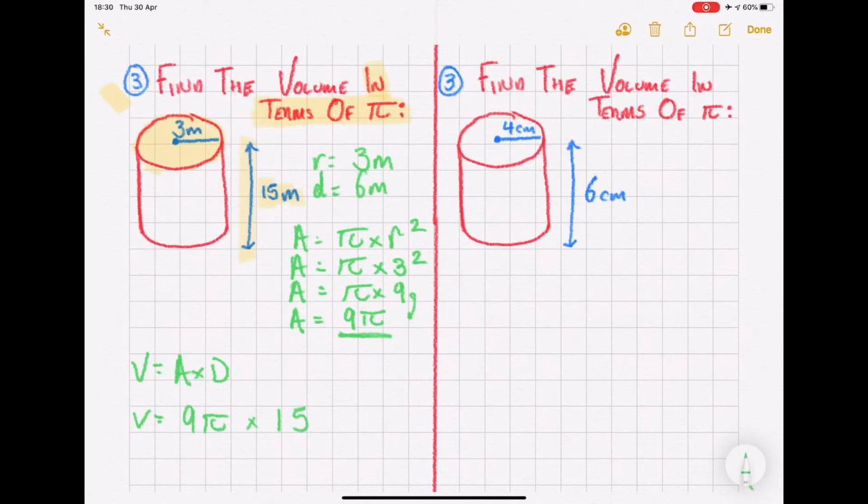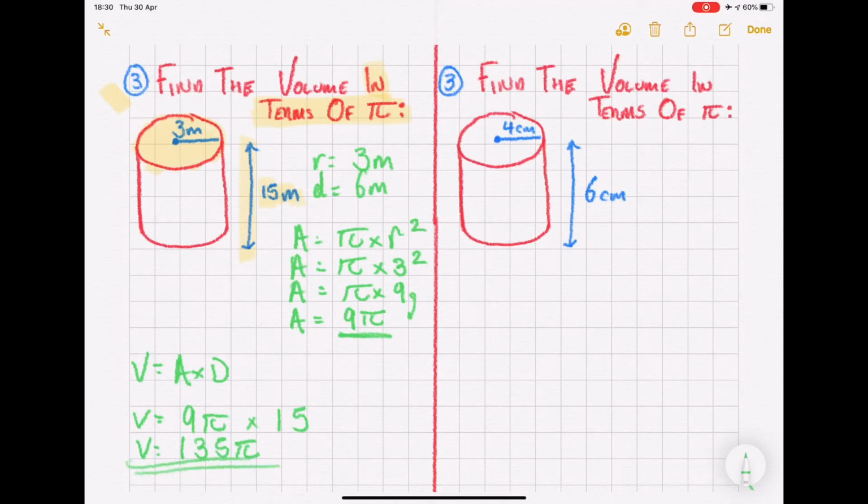Now, you can type that into your calculator, and it should give you the exact answer. But what I would do is 9 times by 15, and that gives me 135. And that's 135 times by pi, so it's 135 pi. And that's how you'd work out that question there. So that would be our final answer.